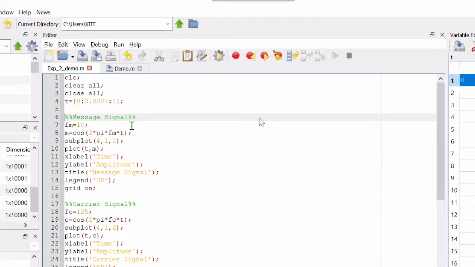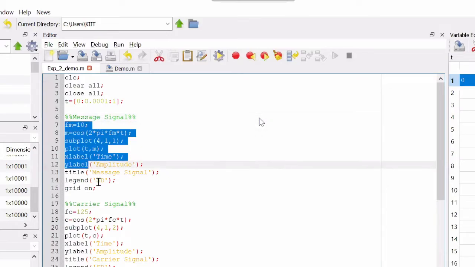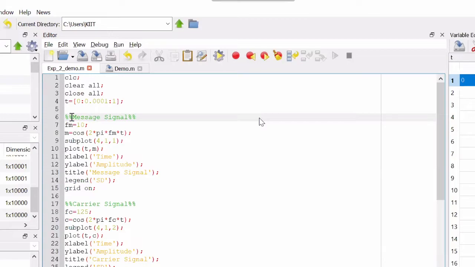Or if you are sending this program to someone else, like for evaluation to us, then we can also know that the following lines are concentrated on generating the message signal. So you can utilize this percentage sign to give information to yourself and to others for future reference. This means that now we are going to generate the message signal.